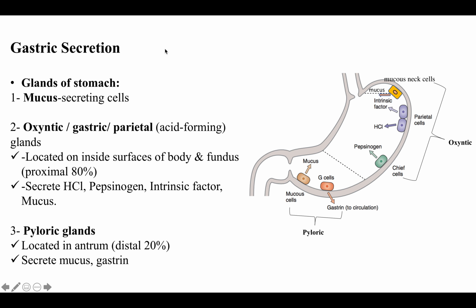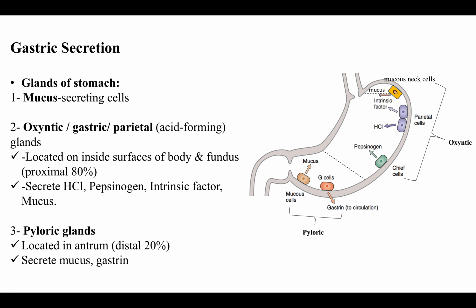The other type of glands are the oxyntic or gastric or parietal glands. In these glands, the parietal cells secrete the intrinsic factor and the hydrochloric acid or the gastric acid, and the chief cells component of these glands secrete pepsinogen.